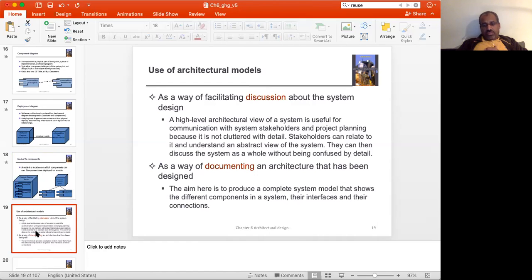Okay. I said something about facilitating discussions; communicating with the stakeholders is really important in project planning. The support is because the diagram is not cluttered with detail. Remember, if you want to reduce complexity, think clearly, not make mistakes and not get overwhelmed by details that are not relevant at this stage of design, then you want a diagram that abstracts away from these details.